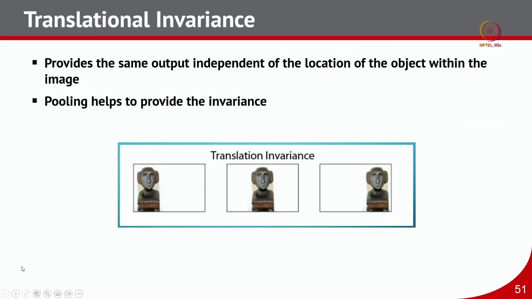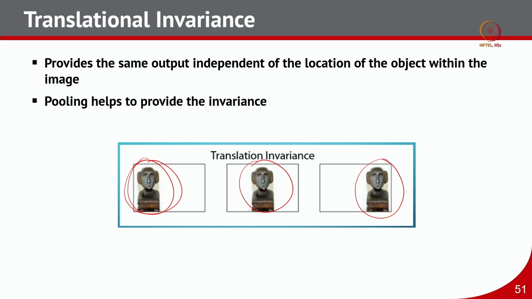Now this is one better example of translational invariance, where it provides the same output independent of the location of the object within the image. Let's say we have three images of this idol or doll, but in these three different images, the actual portion of interest is shifted, right?